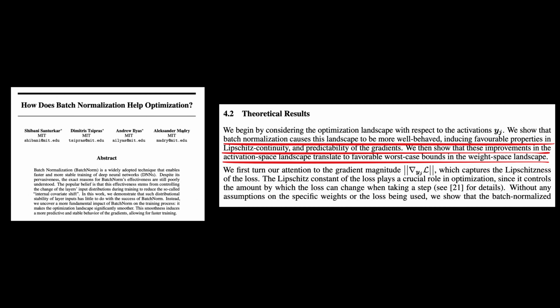In the paper, they show that batch norm's effectiveness is actually because it makes the loss landscape significantly smoother. So the landscape, which earlier had a large number of kinks, sharp minima and flat regions, now becomes significantly smoother.